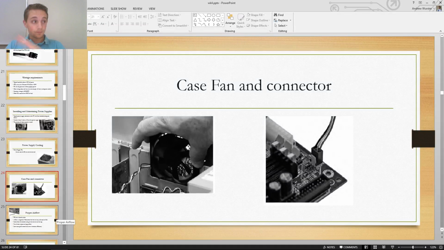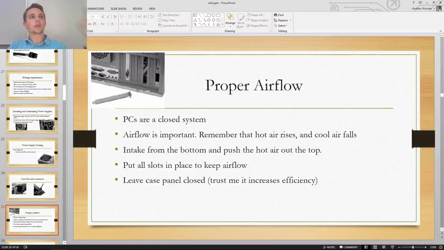There was a myth a while ago that taking your back plates off was better for airflow and it would keep it cooler. But in reality, it actually makes it worse because inside your PC it has literal airflow. You have the front fan, which is near the bottom of the case, pulling in cold air.